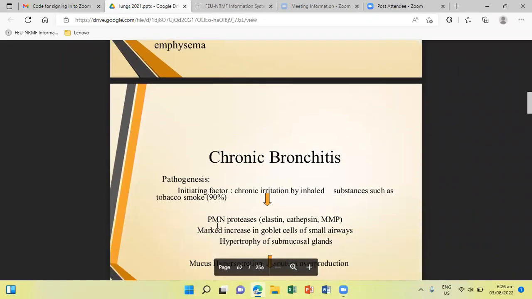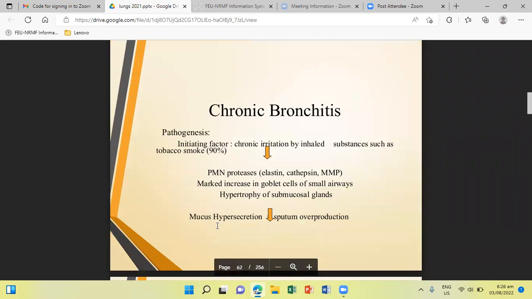What is happening in bronchitis? Just like emphysema, the primary or initiating factor is exposure to noxious or irritating inhaled substances, like for example, tobacco. Again, it is present in 90% of cases. They are usually smokers. Just like what I have discussed in asthma, mucus hypersecretion is an expected accompaniment.